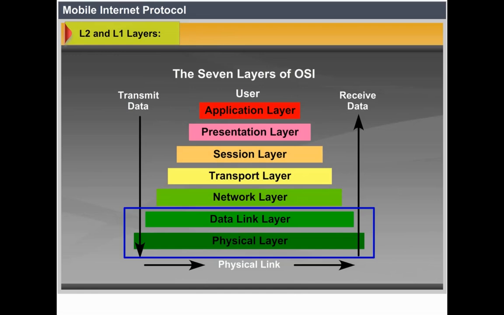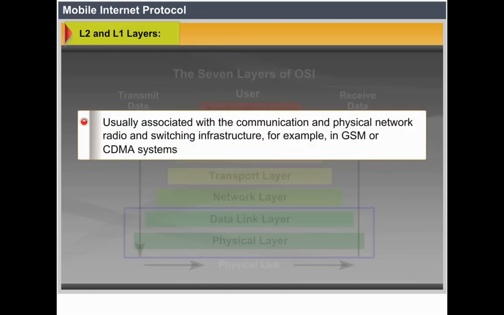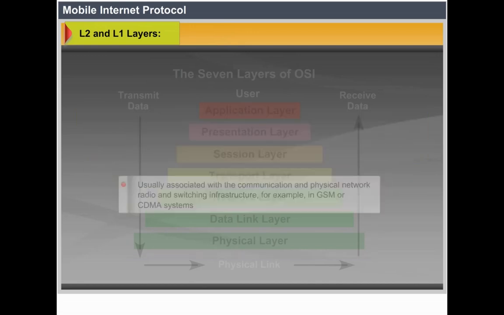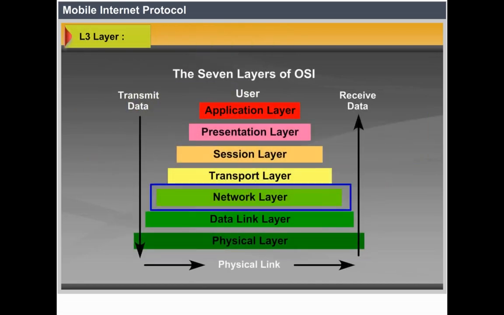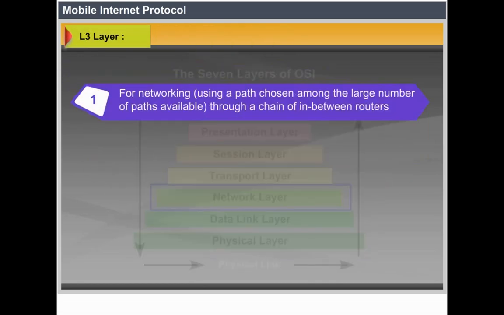L2 and L1 layers are usually associated with the communication and physical network radio and switching infrastructure, for example, in GSM or CDMA systems. The L3 layer, for networking, uses a path chosen among the large number of paths available through a chain of in-between routers.